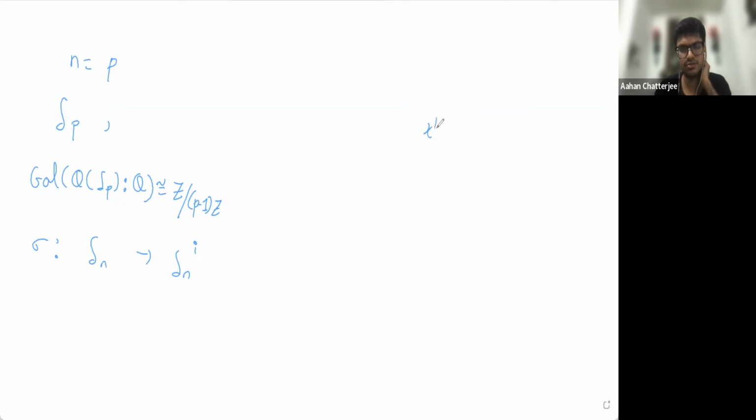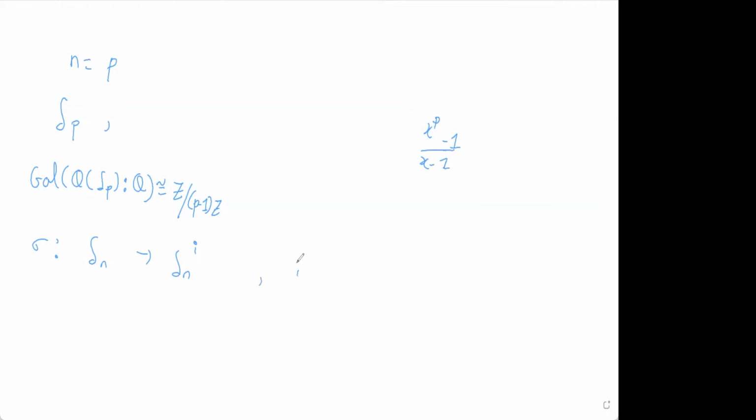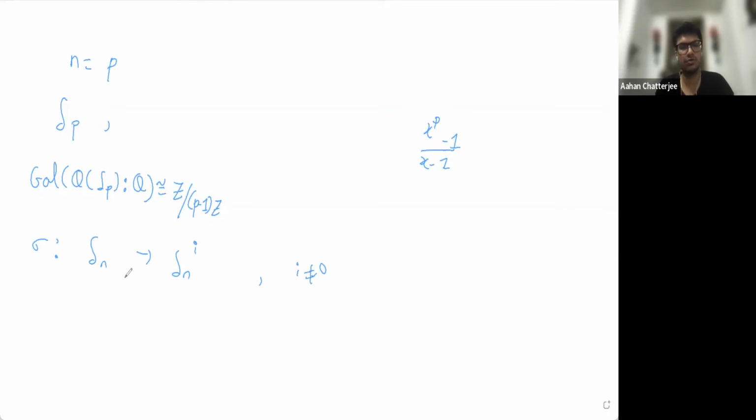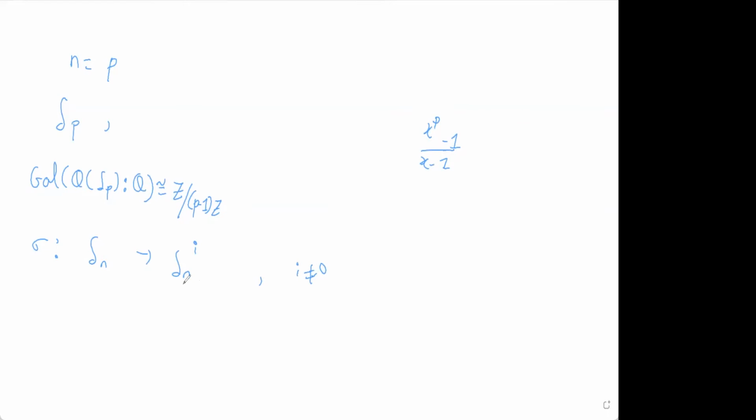The polynomial is just x raised to p minus 1 over x minus 1. So the automorphism maps are just these. There are p minus 1 automorphisms.